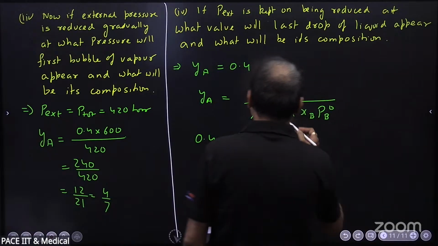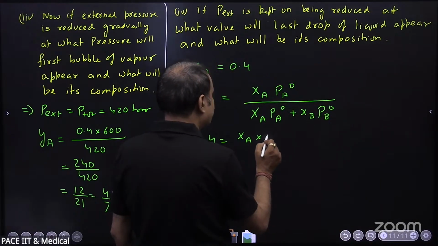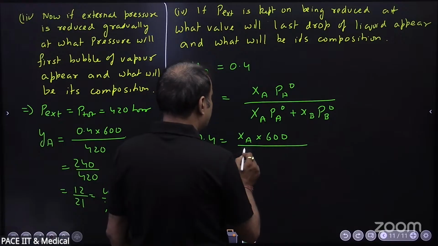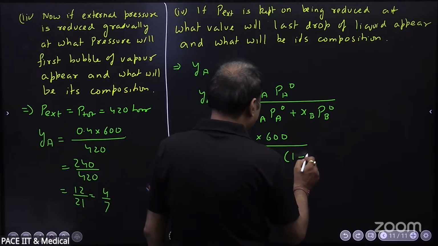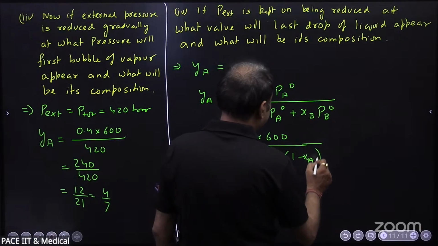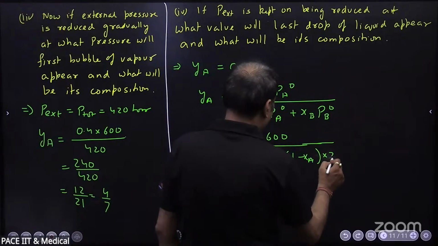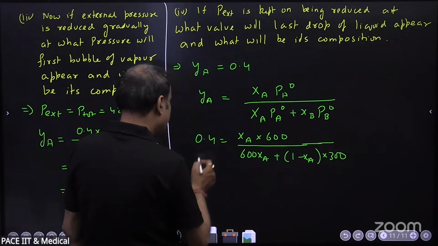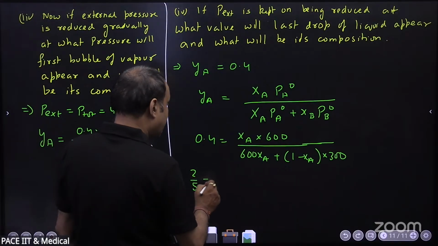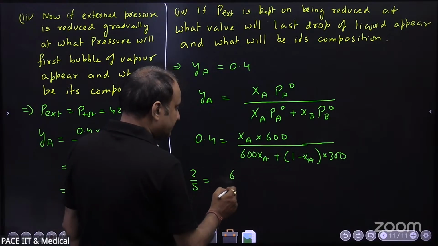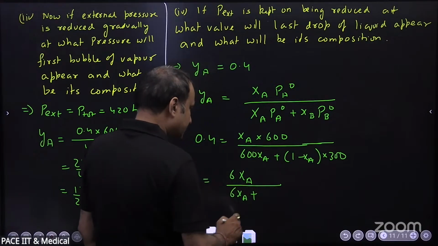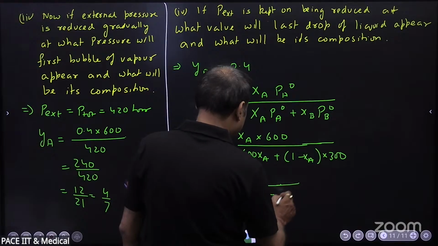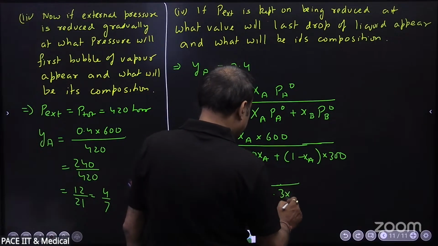So XA PA naught, PA naught was given 600, upon 600 XA. XB I will write 1 minus XA, and PB naught was 300. So 0.4, that is 2 by 5, is 6XA upon 6XA plus 3 minus 3XA.